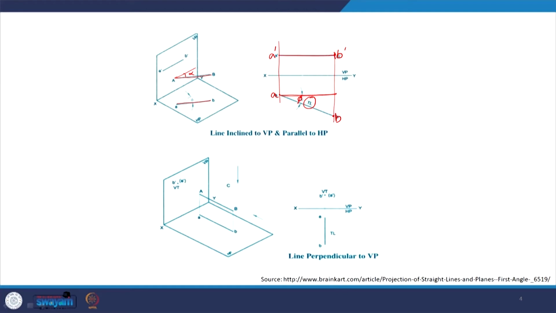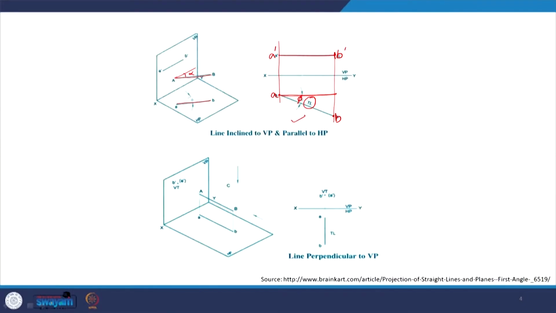So we will always start with drawing the true length first. Wherever we are seeing the true length, that is what we will be drawing. So we draw the horizontal plane first, the plan, and then we draw the elevation in the vertical plane. Wherever true length comes, that will be drawn first.